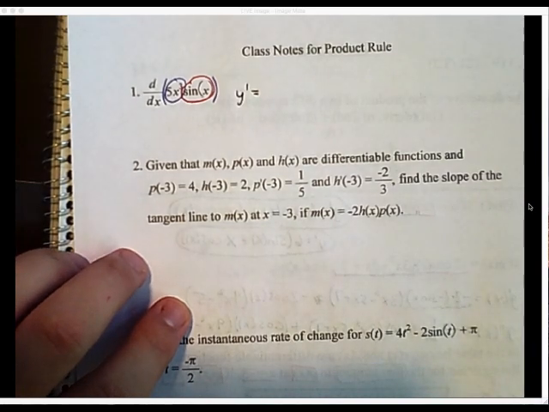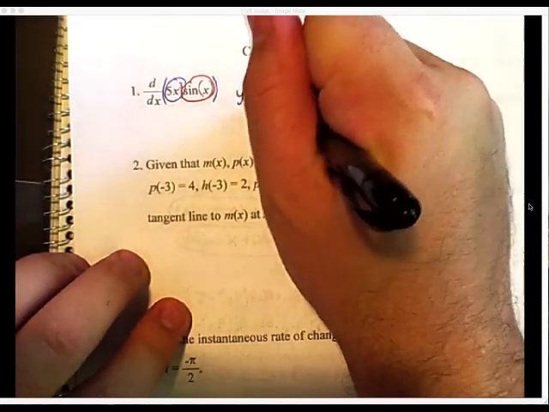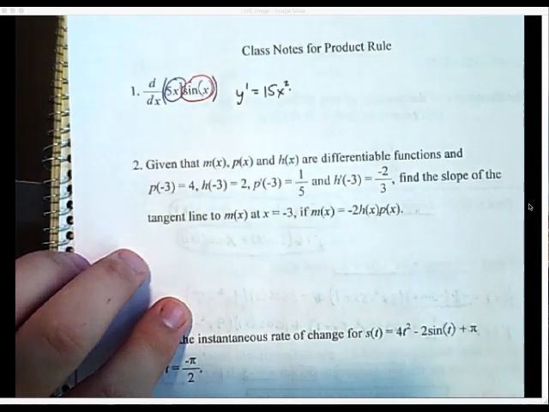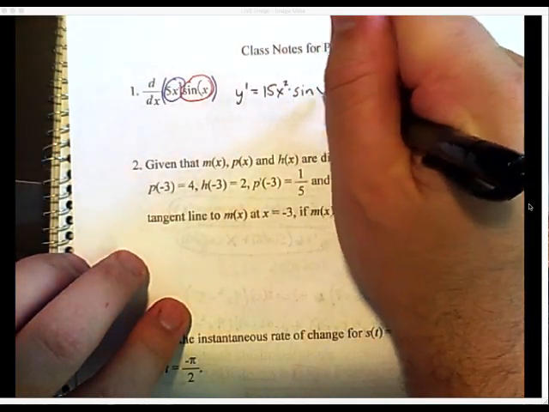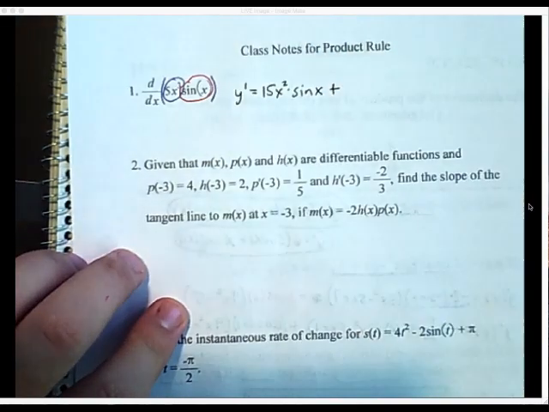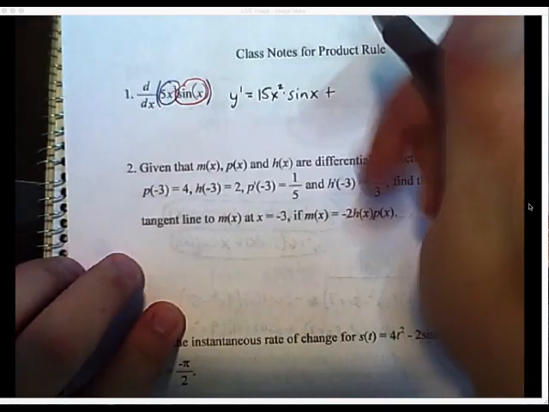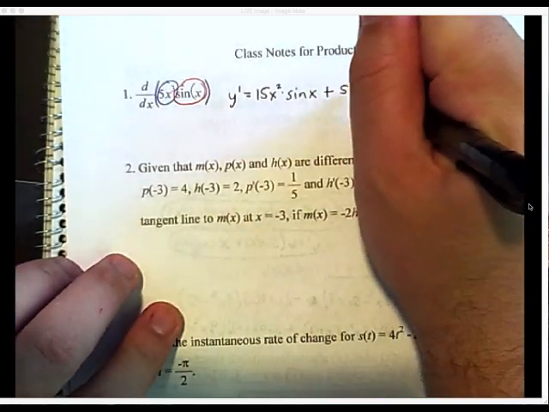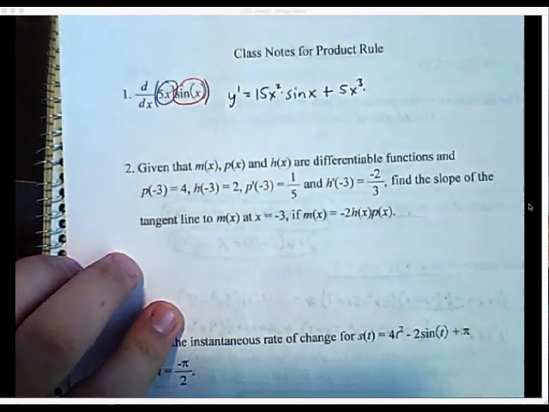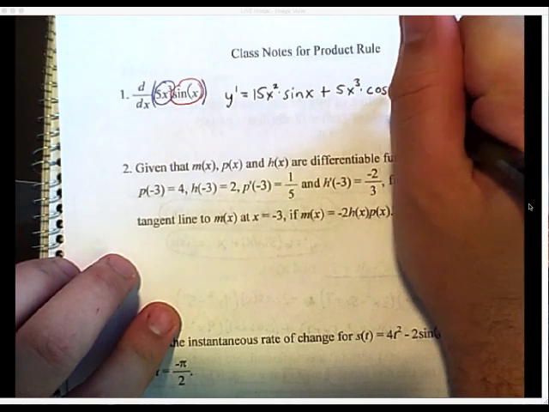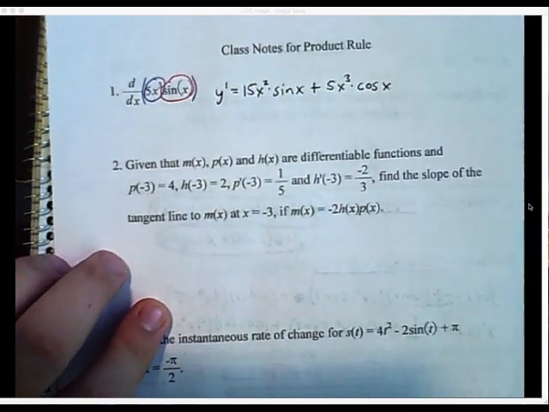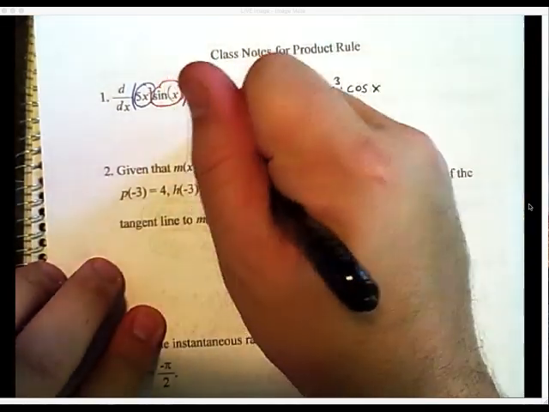What's the derivative of 5x cubed? It's 15x squared times the second term all by itself, always a plus, the first term by itself, times the derivative of the second. Derivative of sine is cosine.